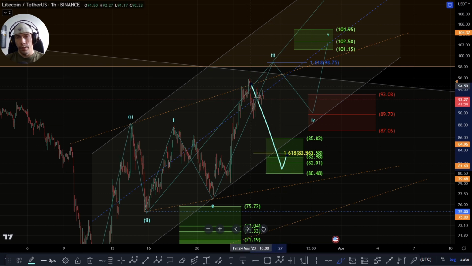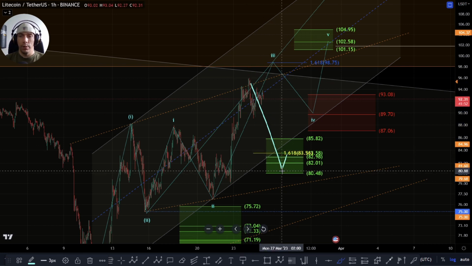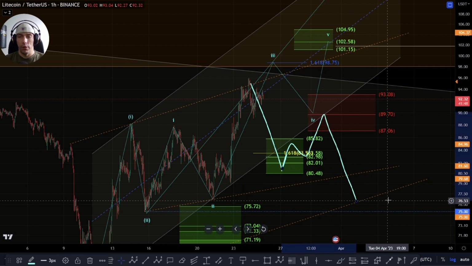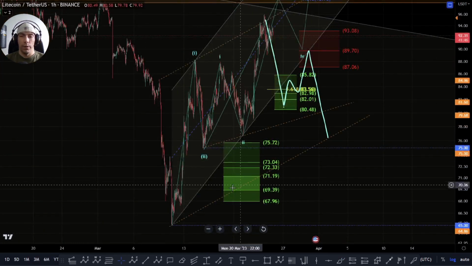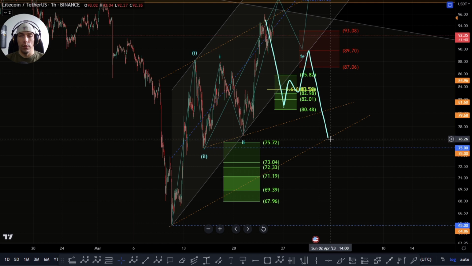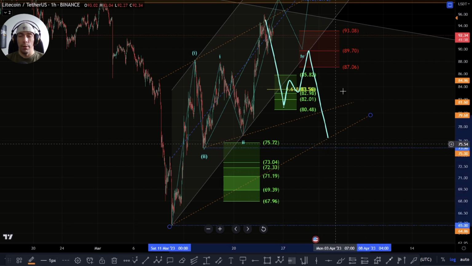So if we do get a five-wave move down in here, basically what I'm going to be looking for is to see if we get a three-wave move up and then a continuation down. And that's where the secondary line here could actually be quite an interesting area to keep an eye on if we are going to get a bounce and a continuation up.